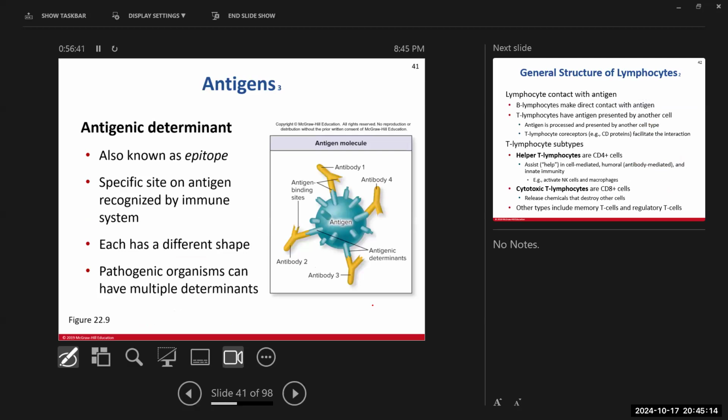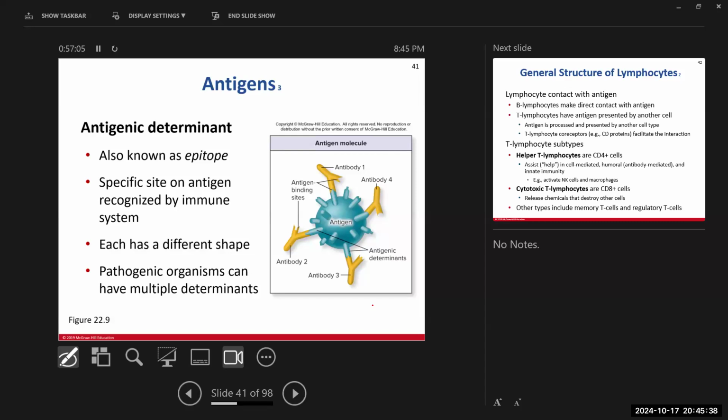I like to use epitopes. These antigenic determinants are what your immune system uses when a natural killer cell comes along on its immune surveillance, or a T-lymphocyte comes along on its surveillance. It's going to quickly bind onto these things and see if it's self or non-self.